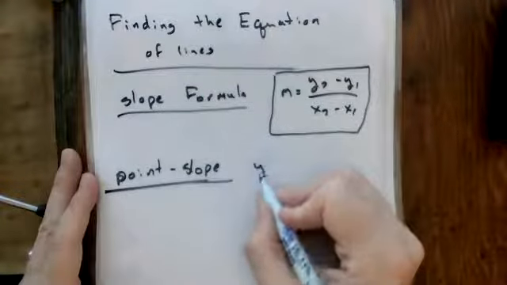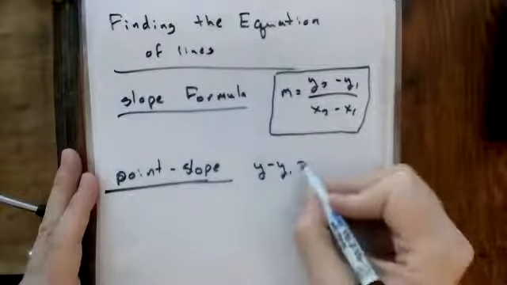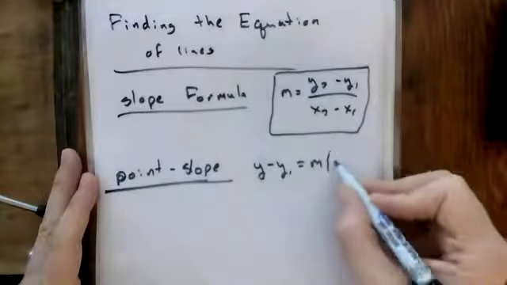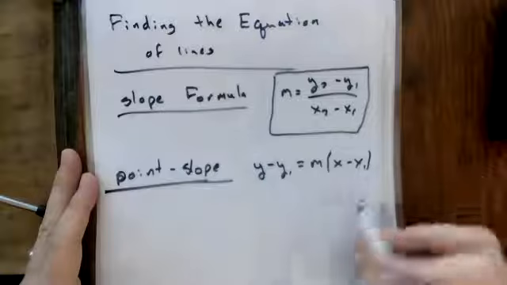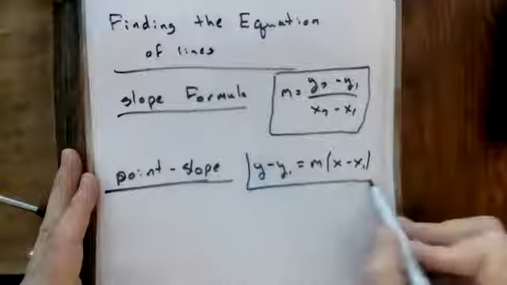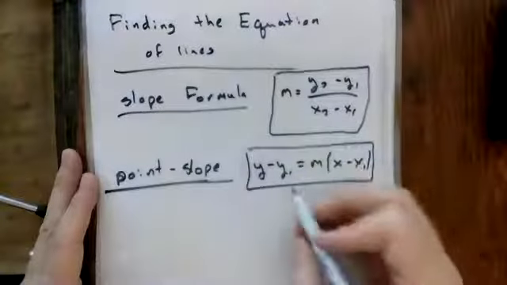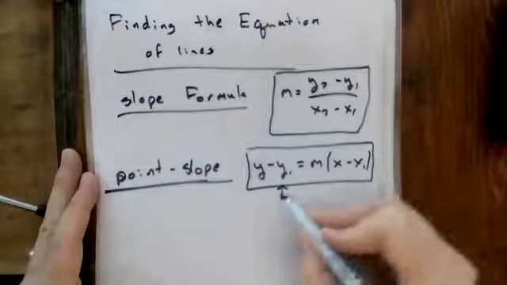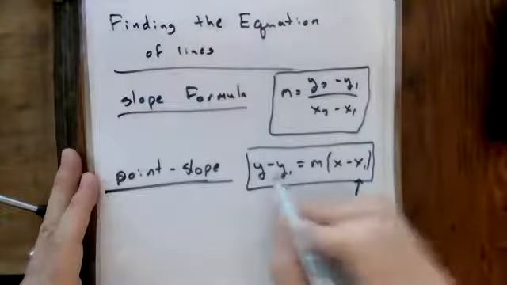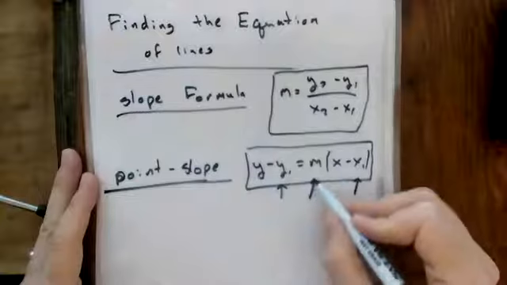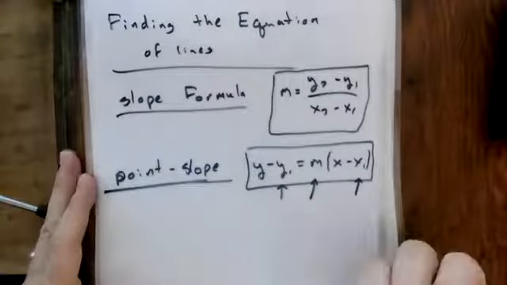And this one is y minus y1 is equal to m times x minus x1. Here, when we're substituting in, you only are going to substitute in our point, so our x1 and y1, and the slope, hence the name, point slope form.